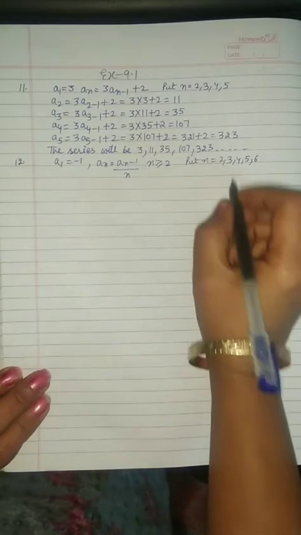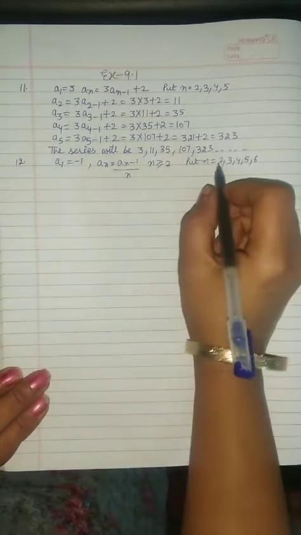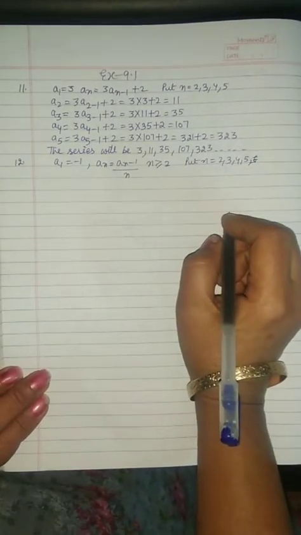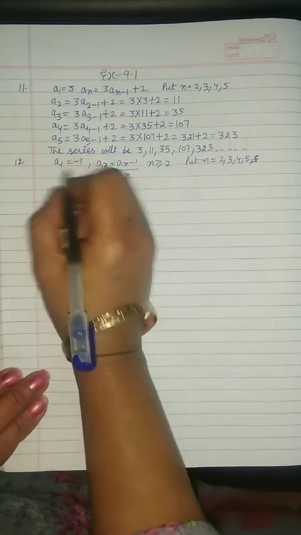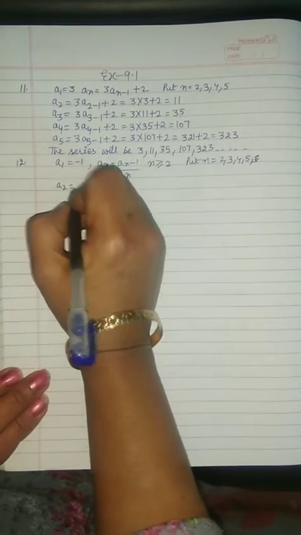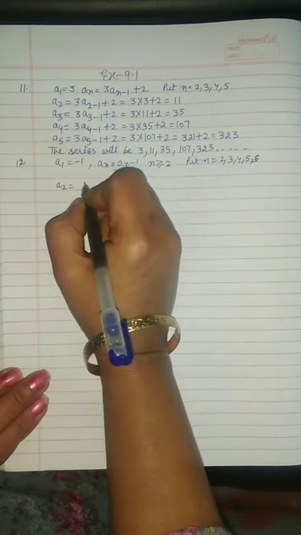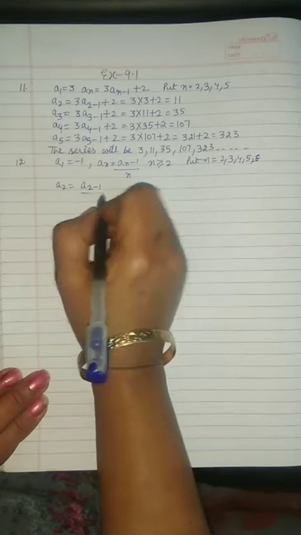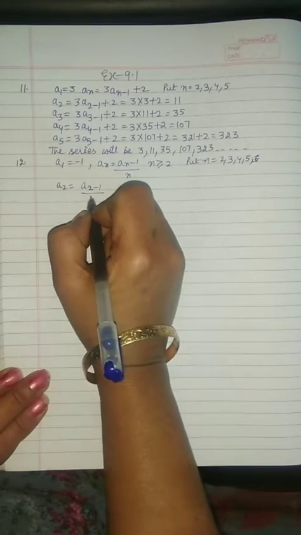So we have to write the first 5 terms here. a1 is already given, so we will put n is equal to 2 up to 5. Now the first term is already given, which is minus 1. Now a2 will be a_(2-1) upon 2.